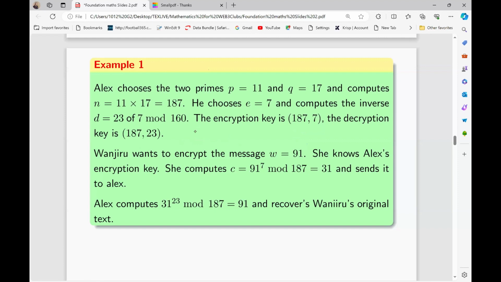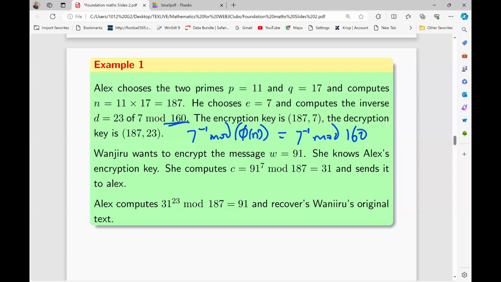So it's supposed to be the inverse of 7 mod phi of n. Alex calculated phi of n, and it was 160. It is here.